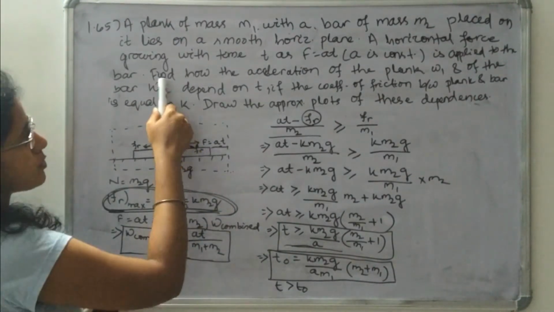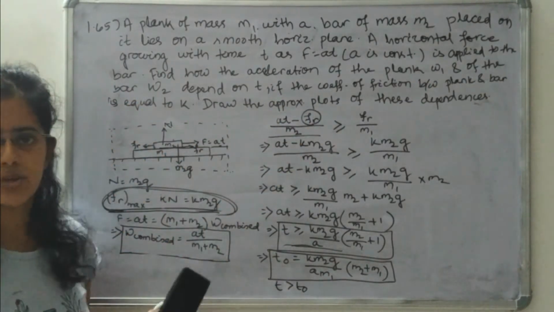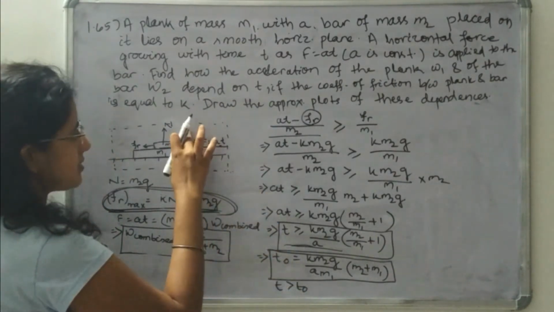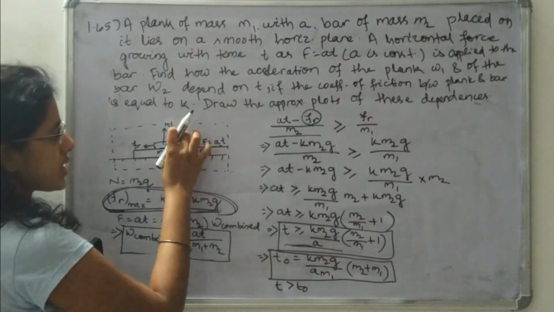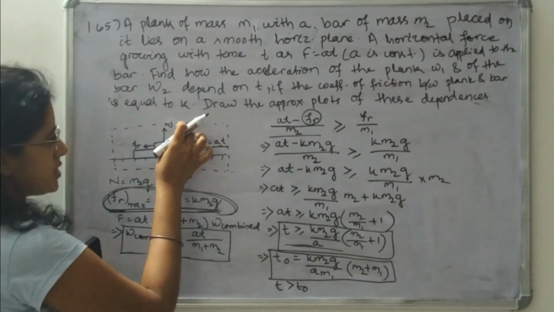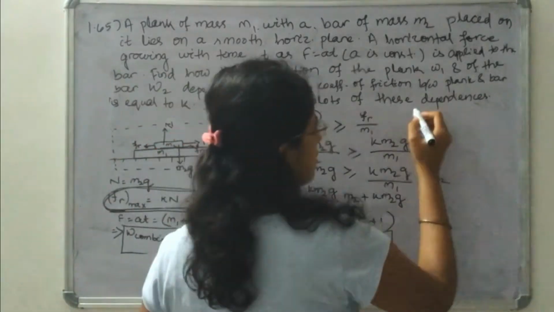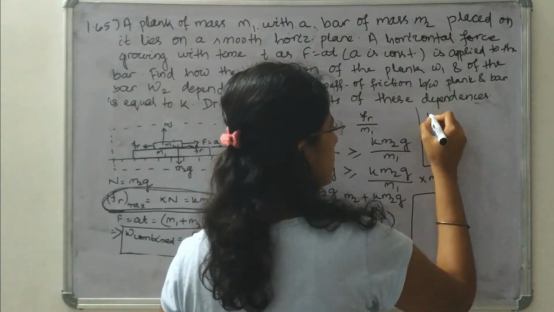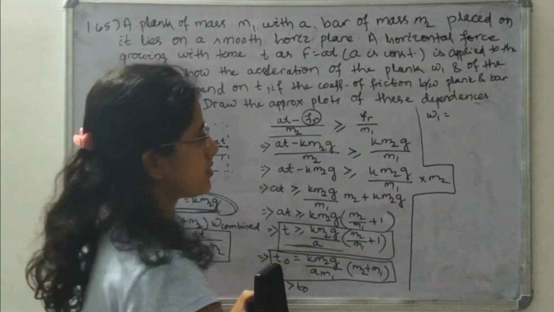Now we have to calculate the acceleration of the plank W1 and of the bar W2 dependent on time. After this time is reached, as these bodies are moving separately, we have to calculate the individual acceleration of these two bodies, that is of this bar as well as of this plank. So you can see the acceleration of the plank is how much?